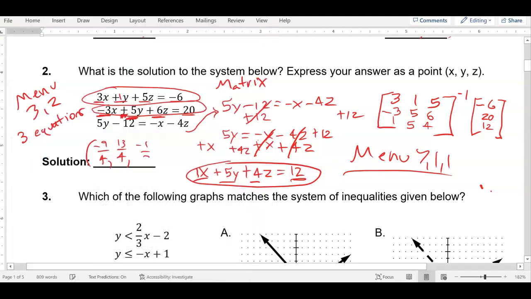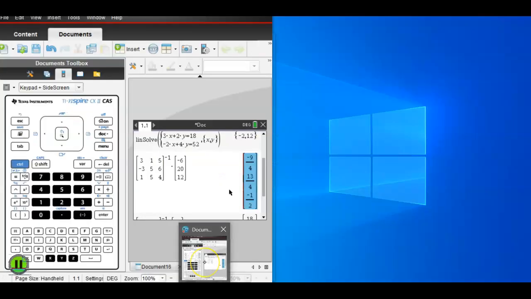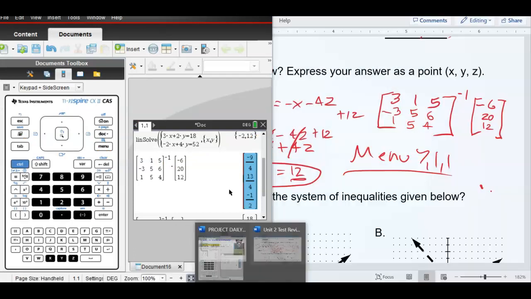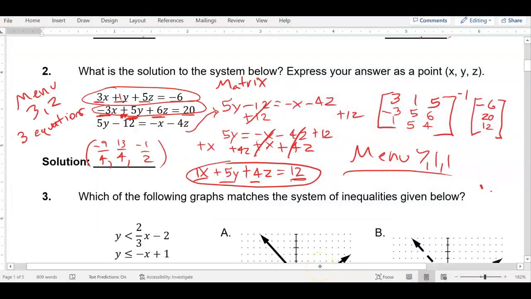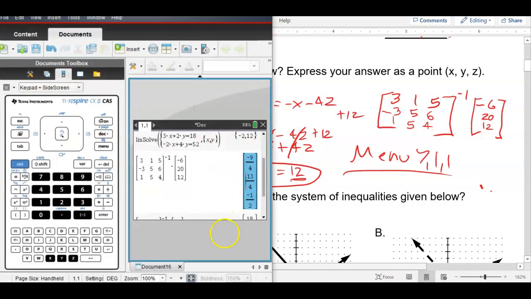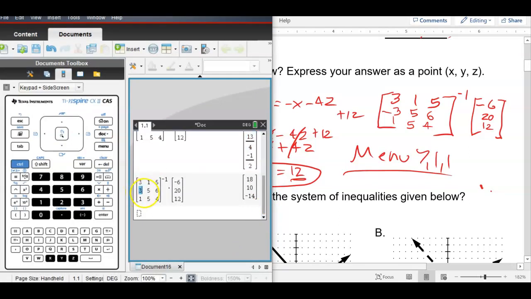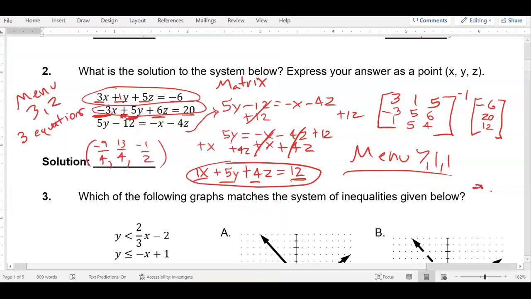For the equations given, this is the answer. Usually we don't like to give these ugly fractions, so I'm thinking that whoever made this review was supposed to make this original number right here a positive, because when you do that, it's nice. But anyways, that's the answer.